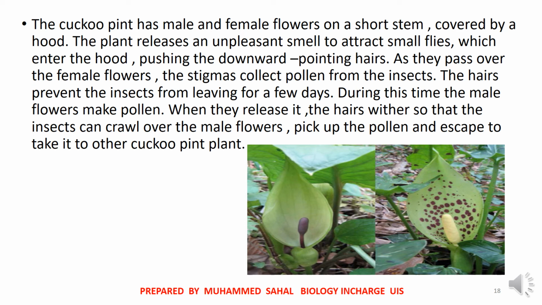The hairs prevent the insects from leaving for a few days. During this time, the male flowers make pollen. When they release it, the hairs wither so that the insects can crawl over the male flowers. They pick up the pollen and escape to take it to another cuckoo pint plant.